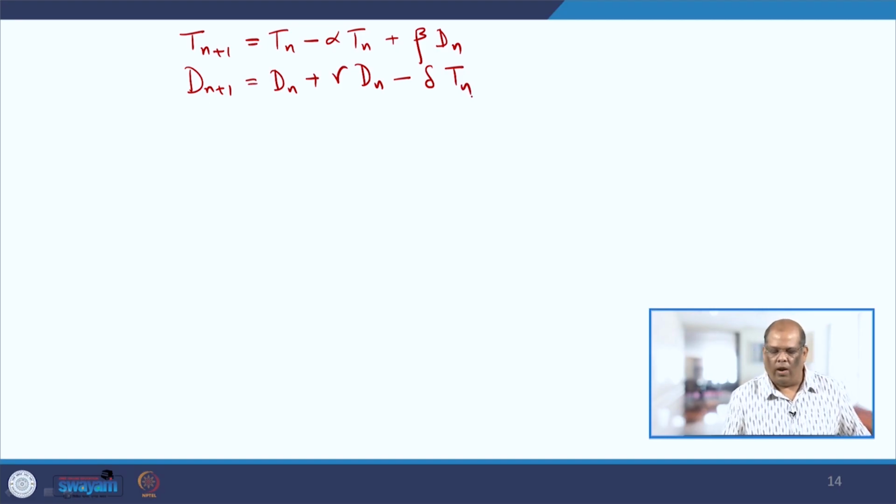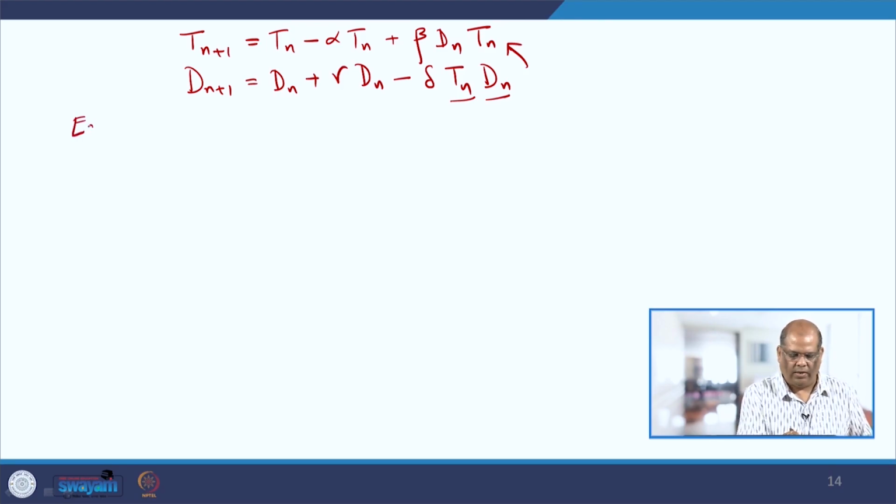So to make it nonlinear, we introduce the interaction between the tiger and the deer. So when there is an interaction of the tiger and the deer, obviously the tiger eats the deer at a rate delta, so there was a negative sign, and which is then added up to the population of tiger due to reproduction.